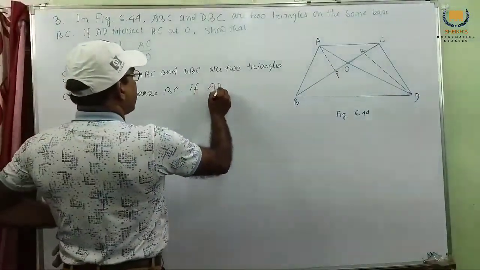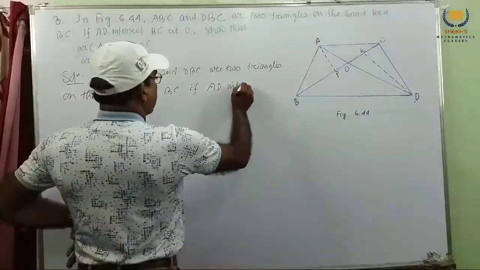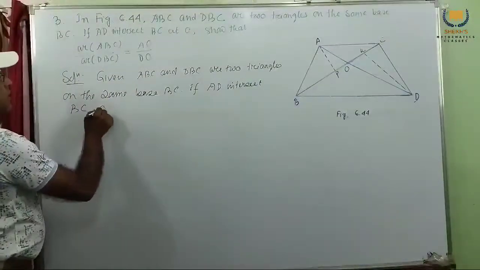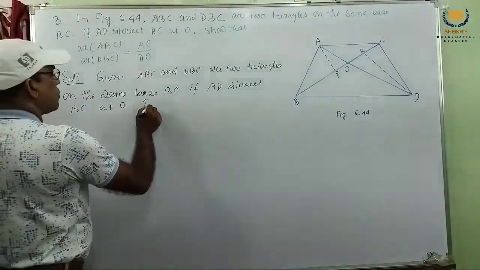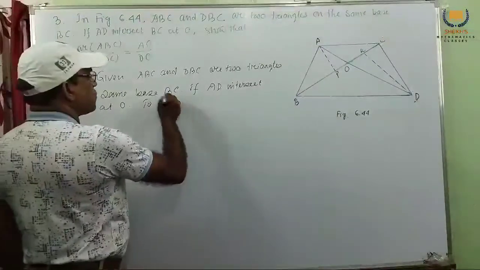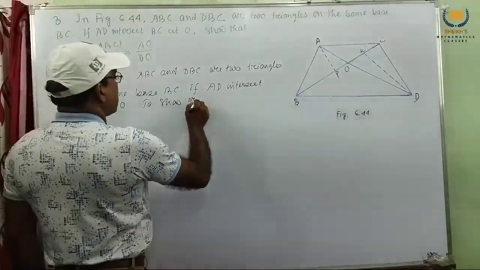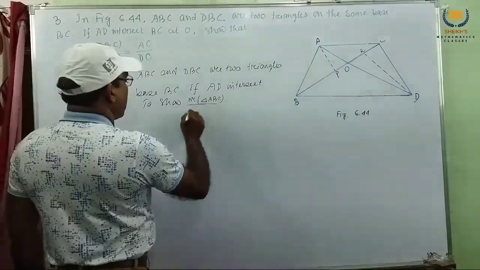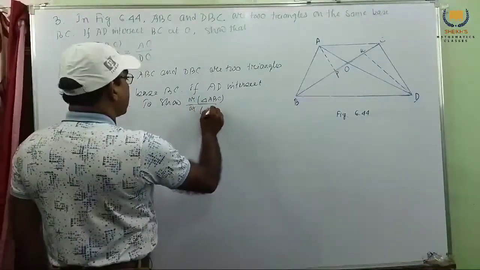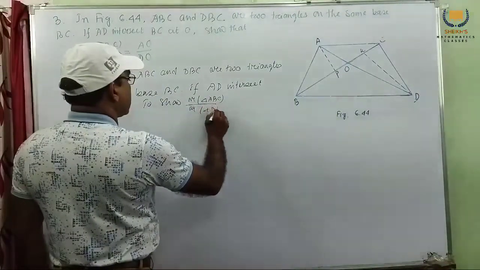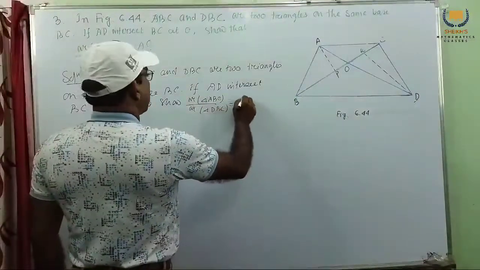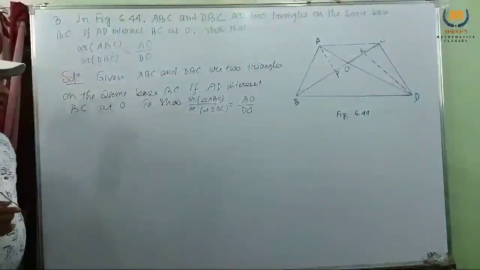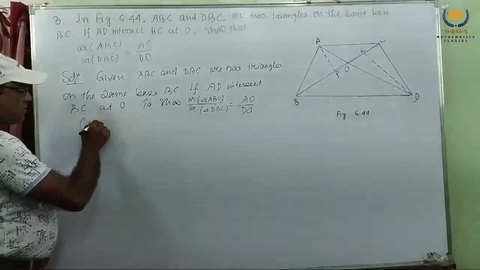If AD intersects BC at O, to show area of triangle ABC by area of triangle DBC equal to AO by DO. This is what we have to prove. Now consider the construction.